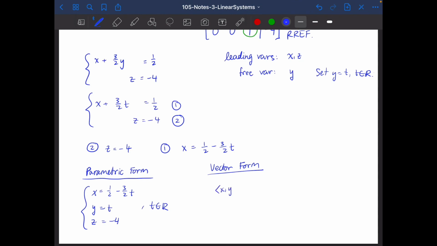I have that x, y, z is equal to 1/2, 0, minus 4 plus t times the vector minus 3 over 2, 1, 0. So in this example, we used Gauss-Jordan elimination to solve a system of linear equations with infinitely many solutions.